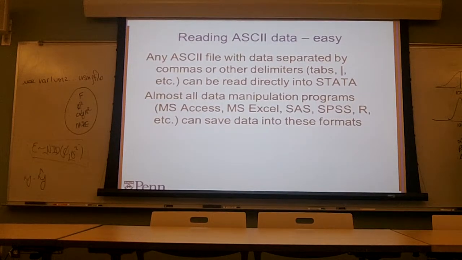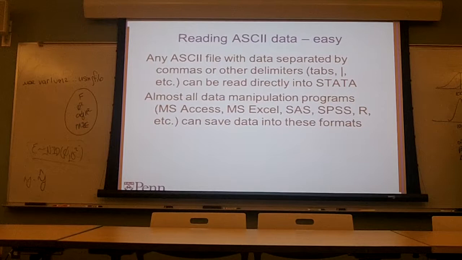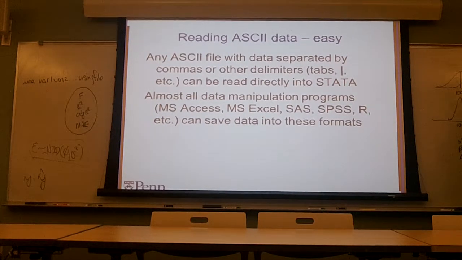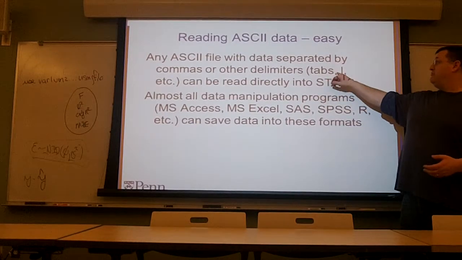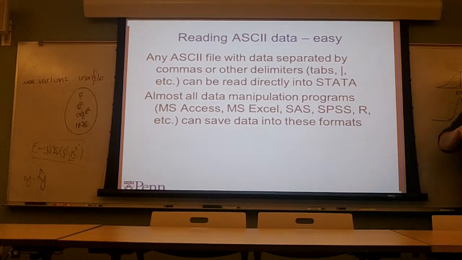So usually data files are fairly simple to read in, because we have what are called delimiters. Delimiters are the boundaries that tell the computer program this is where one field starts and this is where one field ends. So it's the separator that delimits one field from another. Common delimiters are tabs, this is a pipe symbol, it's not an I, and a lot of programs will use commas.